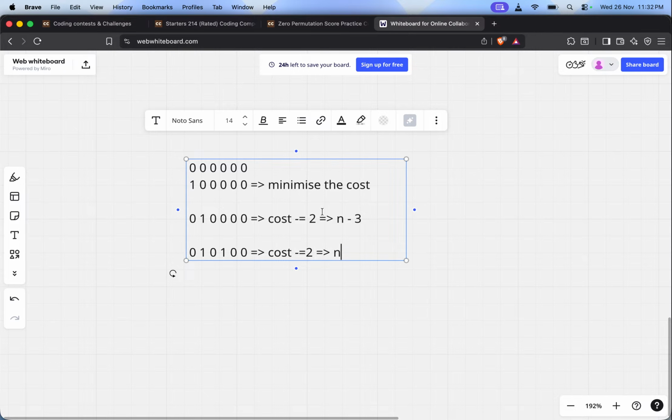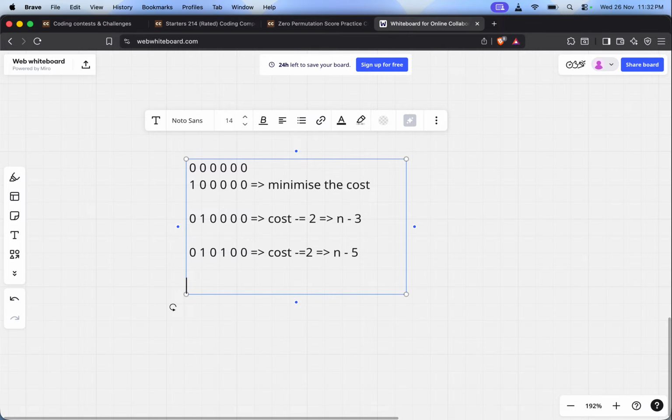Similarly, for the next case, 1 is subtracted here, and these two pairs were already subtracted in the previous case. Now, what are the new pairs that are subtracted? It is this pair because it was 0 0 here, and this pair because it was 0 0 here. So now again minus 2. So the cost is equal to n minus 5 here.